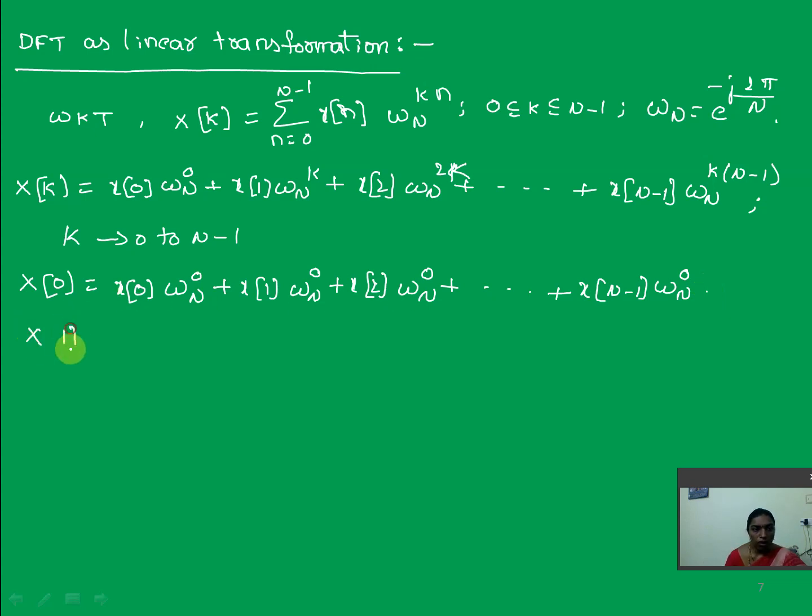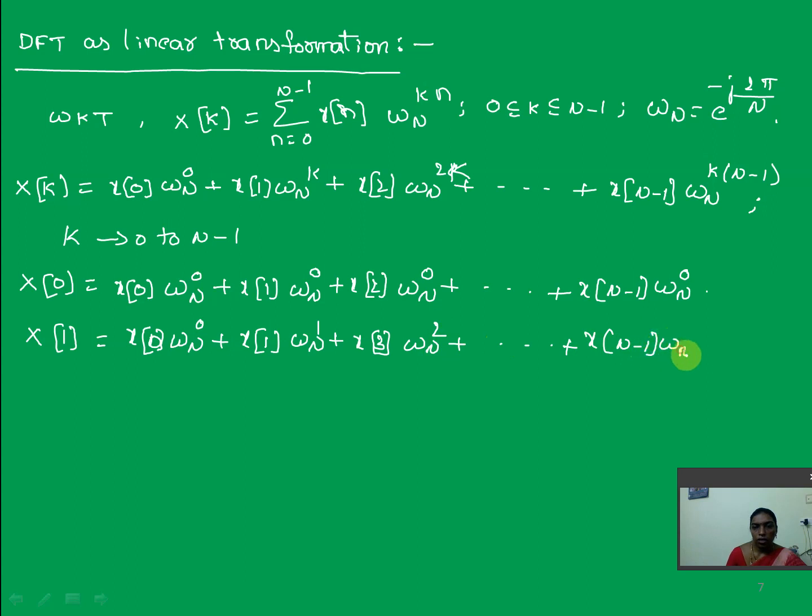Now X of 1 is nothing but x of 0 W_N power 0, x of 1 W_N power 1, x of 2 W_N power 2 and so on, x of N minus 1 W_N power N minus 1. So this is the equation.